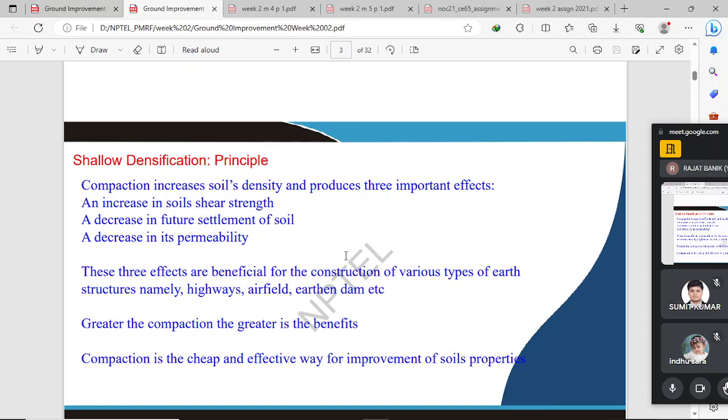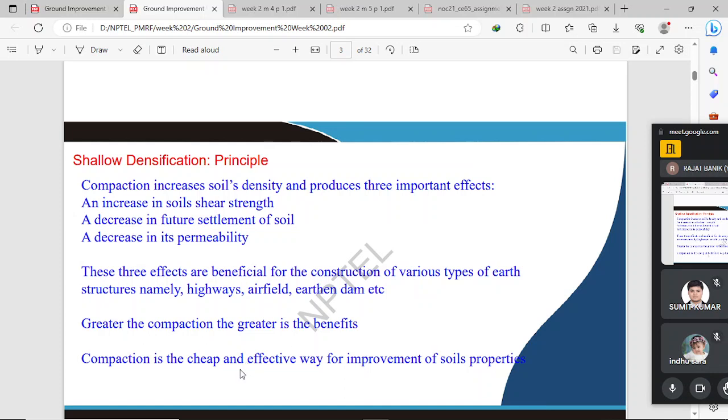Also, in principle, if we apply greater mechanical energy, we get greater benefits. With this energy, more soil particles come closer and more air voids are expelled. This is an ancient technique, one of the great techniques, readily available and cheap, to improve the ground, mainly for earth structures like highways, railways, and earthen dams.